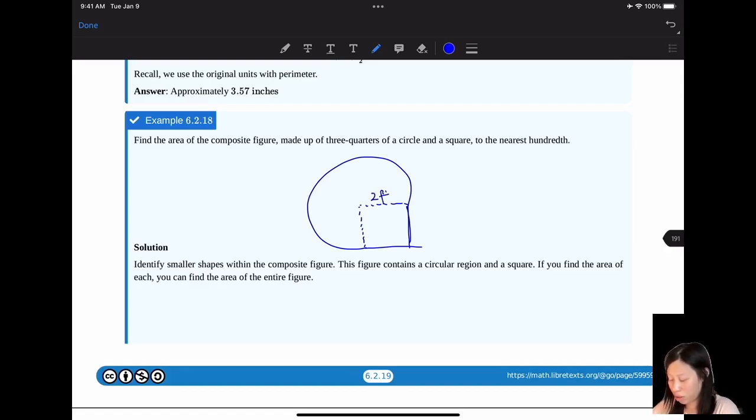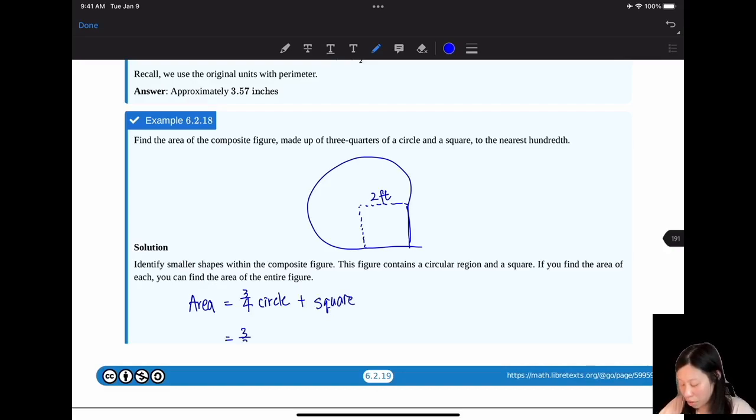So we know the area has two parts: 3/4 of a circle, plus a square.